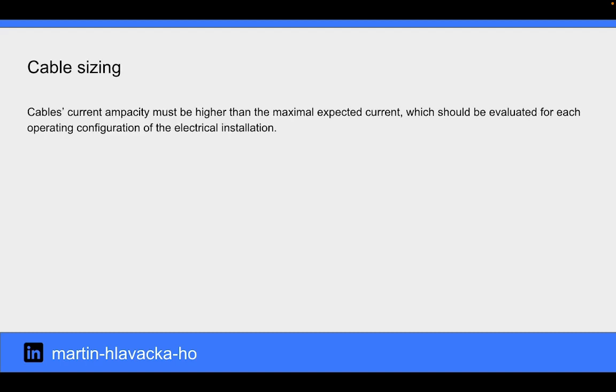A cable's current capacity must be higher than the maximum expected current, which should be evaluated for each operating configuration of the electrical installation.